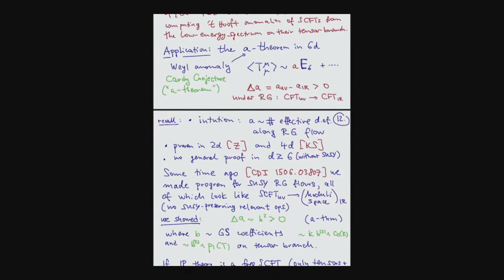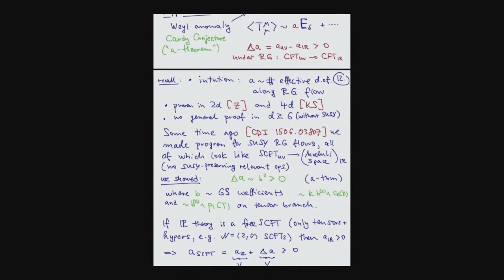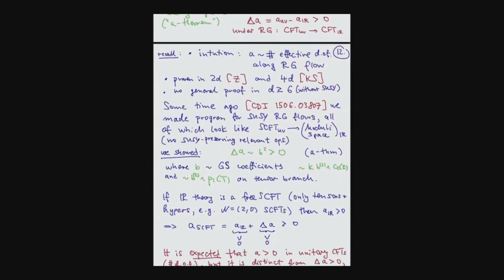There's no general proof of this statement for 6D RG flows, at least not for non-supersymmetric flows. With supersymmetry, you can do better. And we had an argument a while back that for supersymmetric RG flows, the change in the a-anomaly is essentially a perfect square and therefore positive. So that implies the a-theorem.